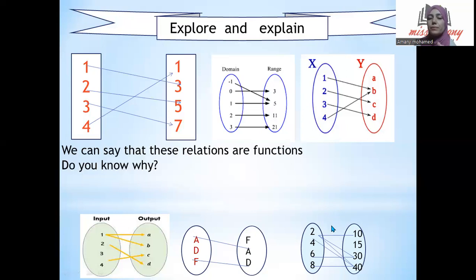Okay, Ahmed? Yes, very good. This relation is not a function because the first element has more than one image in the second set, and so it is not a function.